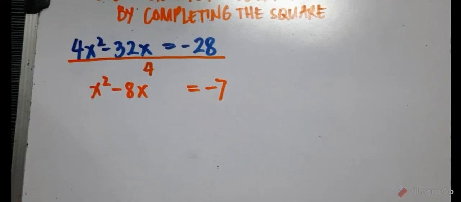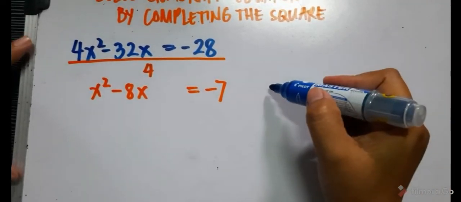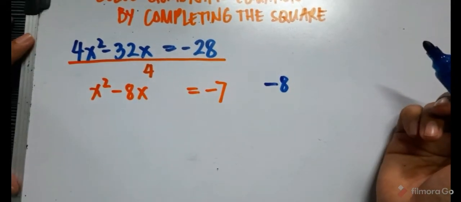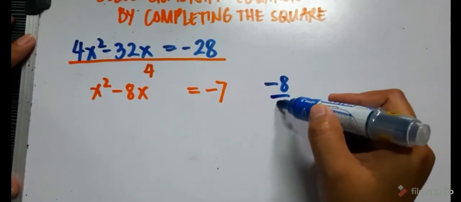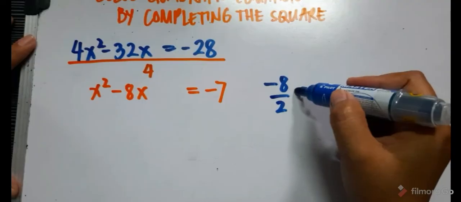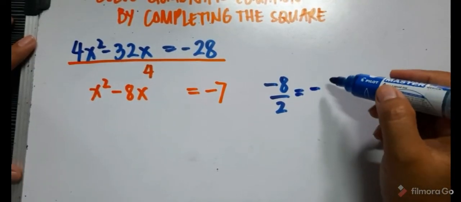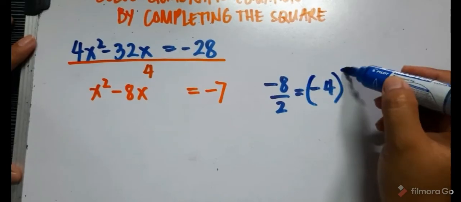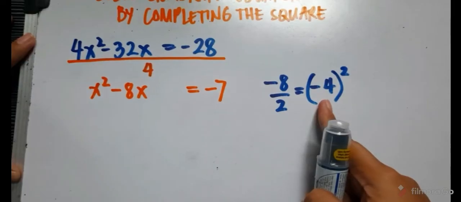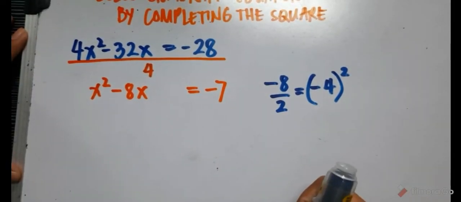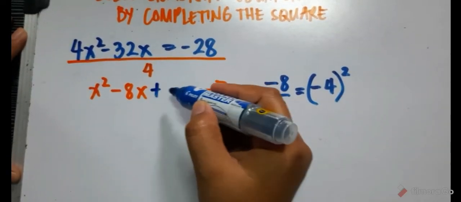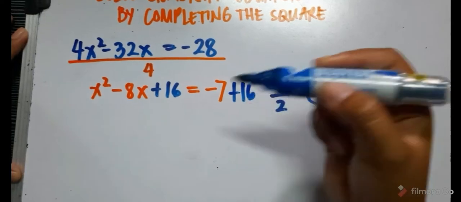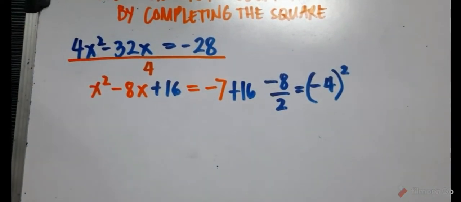To do that, we get the numerical coefficient of the second term, which is negative 8, and divide it by 2. The answer is negative 4. We need to get the square of this, that would be positive 16. We need to add 16 on both sides of the equation.